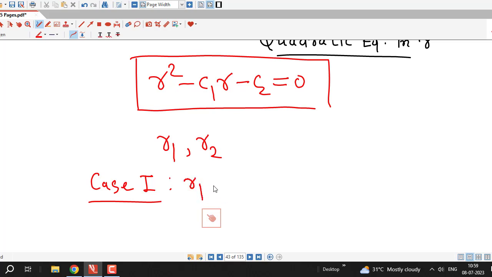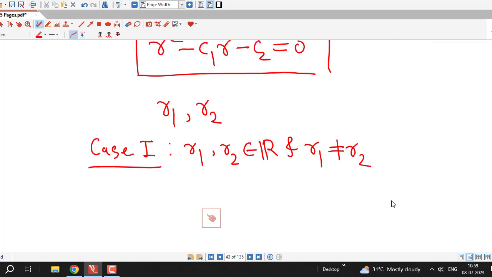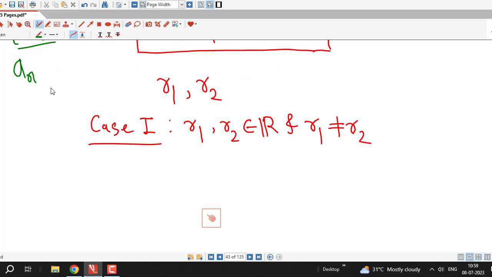Suppose we consider r1 and r2 to be real numbers, and suppose they are distinct, that is r1 is not equal to r2. Now in each case we have an explicit formula for the nth term of the sequence an, which is a solution of the given recurrence relation. So we are writing that explicit formula.